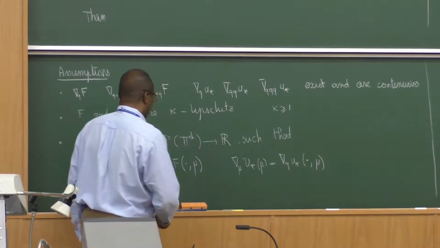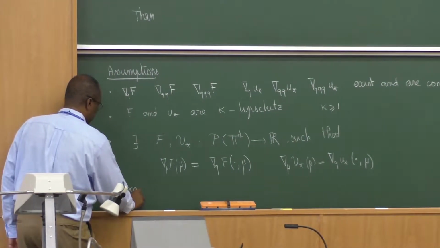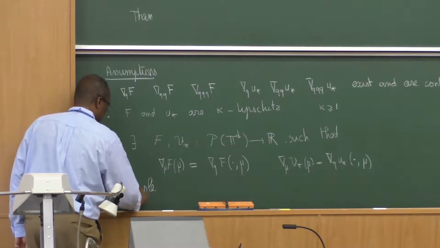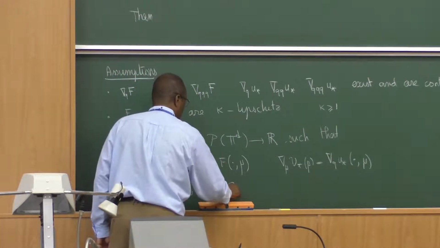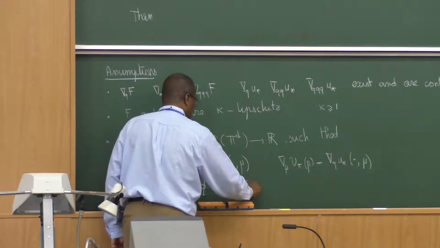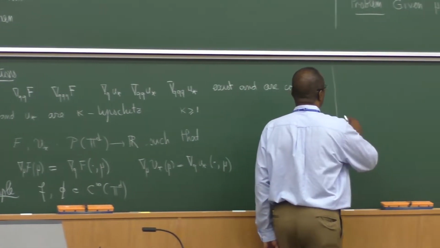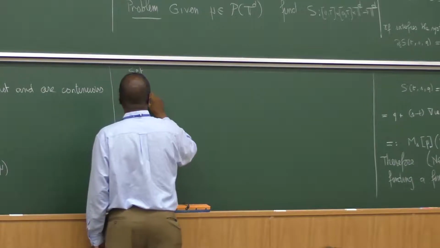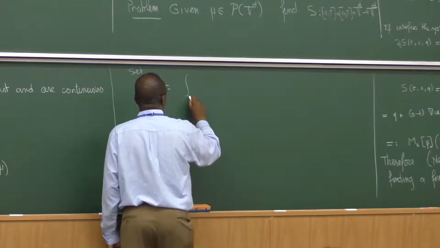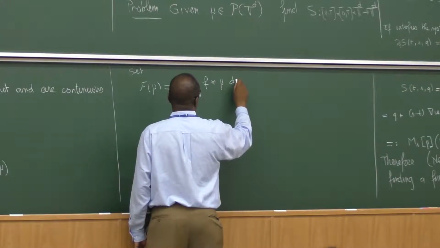So for example, assume F and phi are functions of class C infinity on the torus. Set F of mu to be the integral on the torus of F convolution mu d mu.